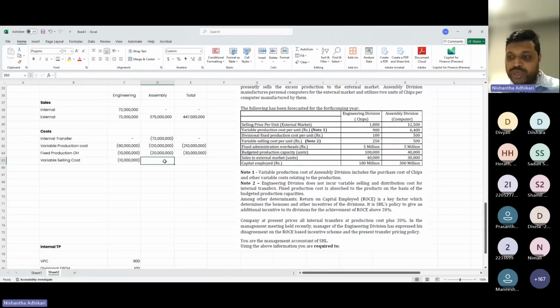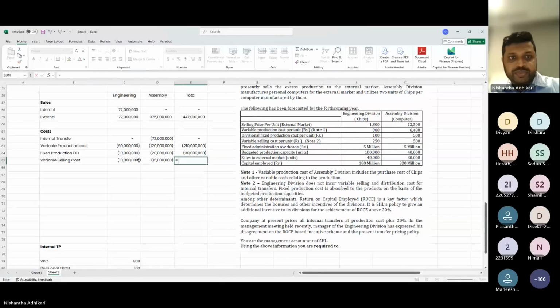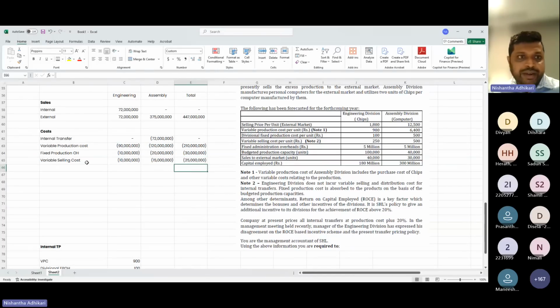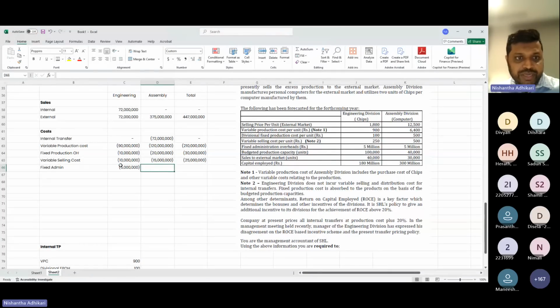Then here you are selling 30,000 units. Each you incur 500 rupees, so 15 million variable selling cost. Then fixed admin, 5 million each.